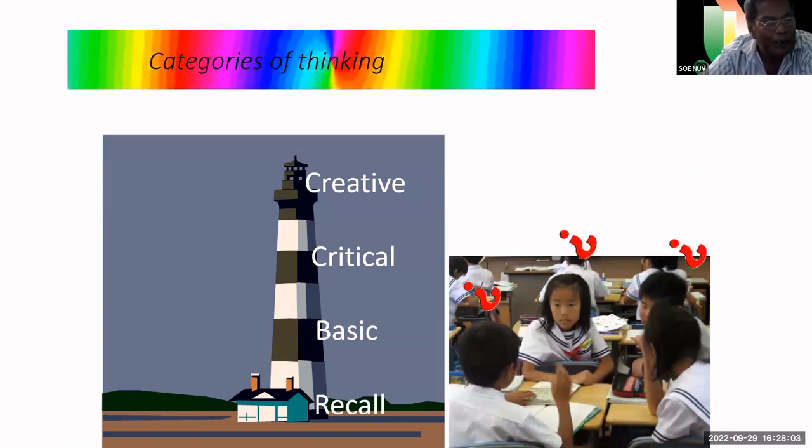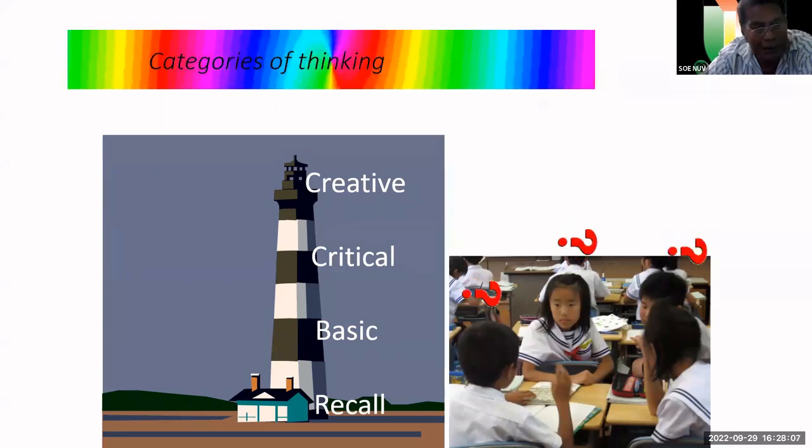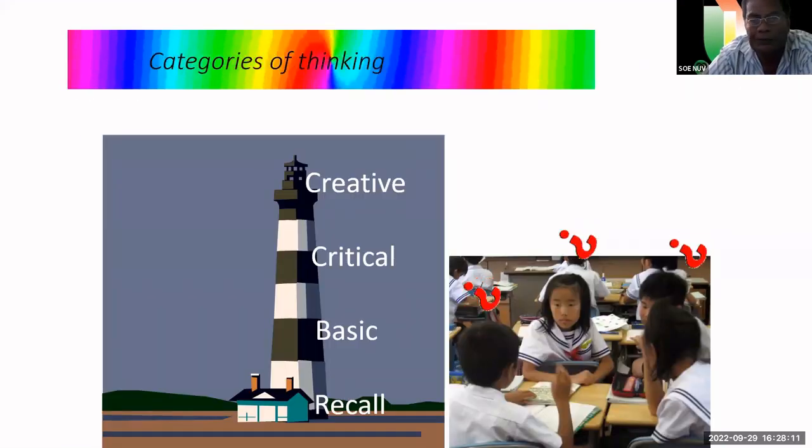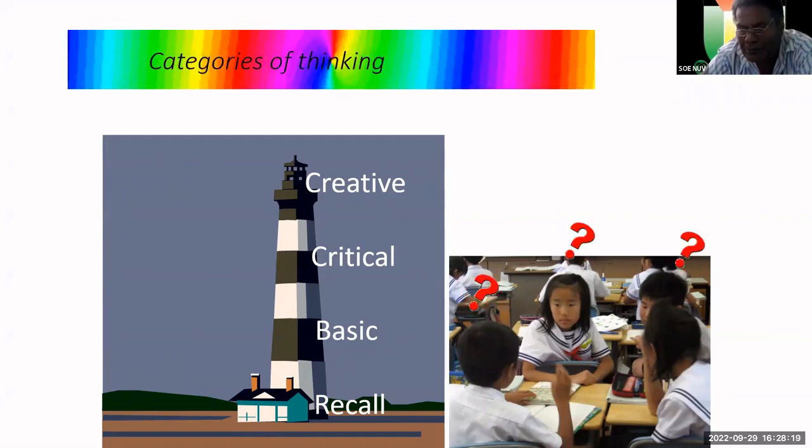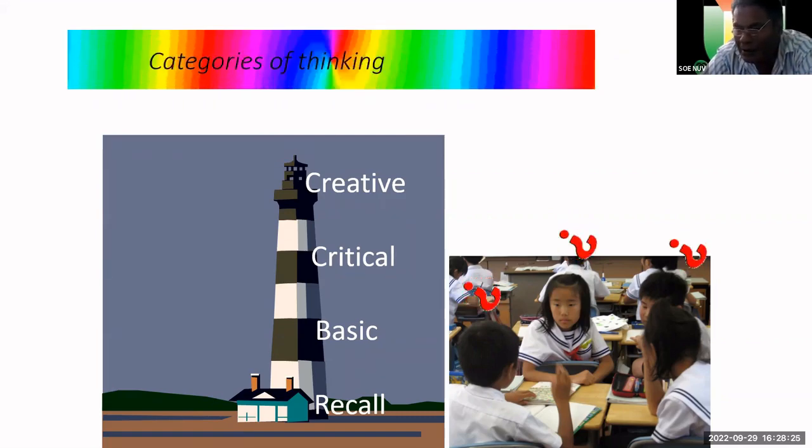Now, let's look at how people think, according to the taxonomy. The first level of thinking is recall, and the next ones are basic, critical, and creative. There are only 4 levels of thinking in any human being.